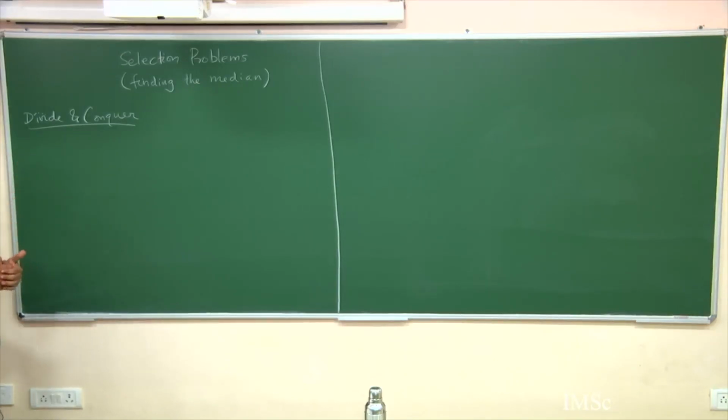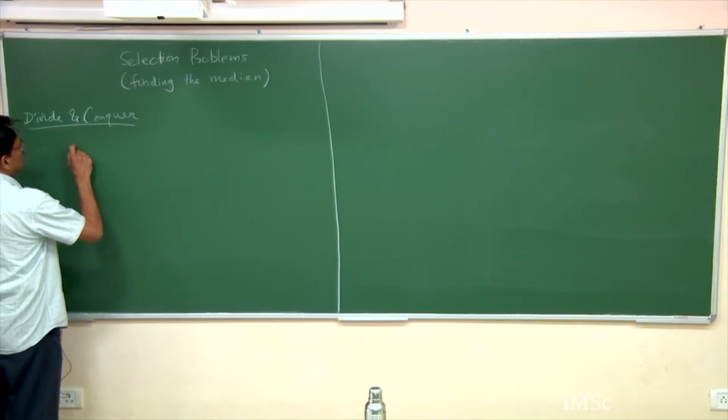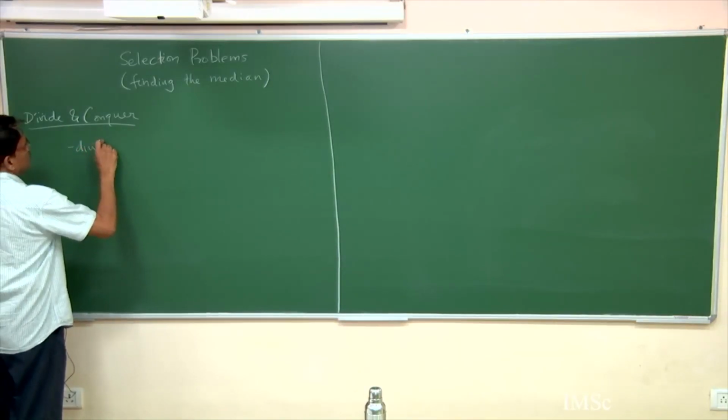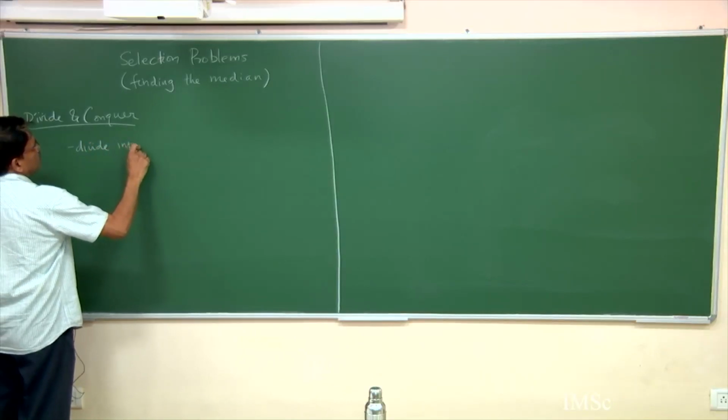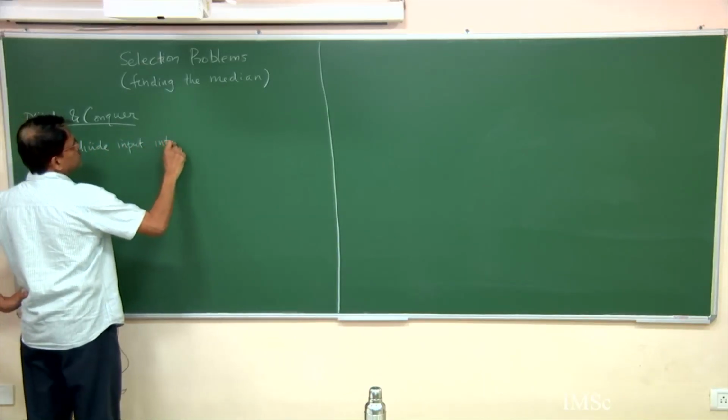Okay, so in divide and conquer, basically you have a problem on input size n, and you divide it into sub problems of smaller size.